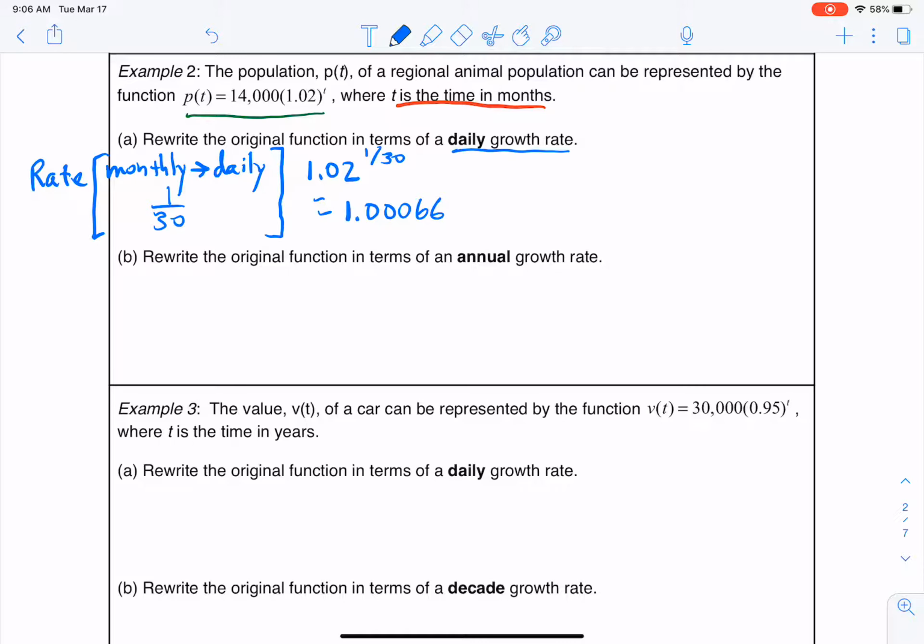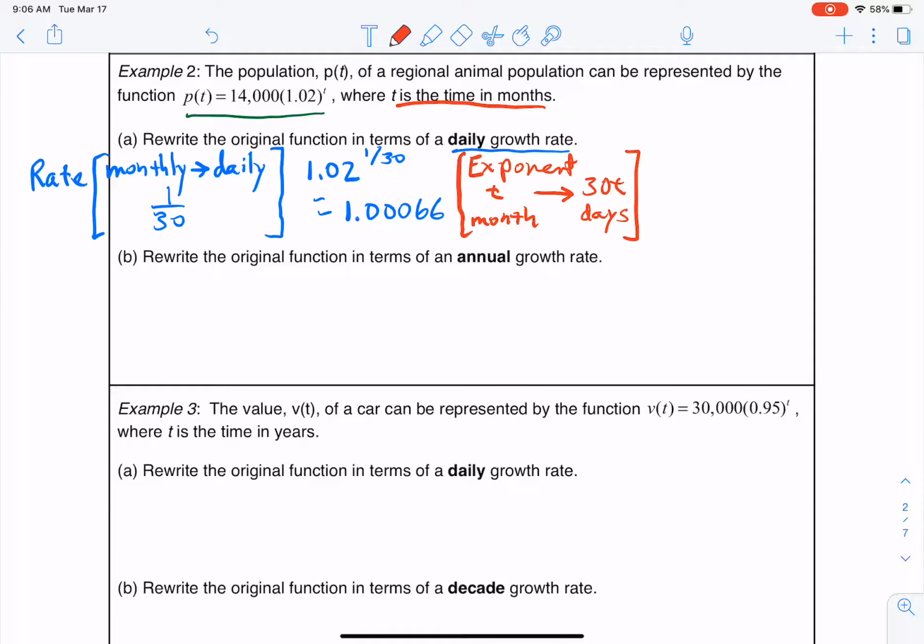All right, so I also need to change here my exponent, because the exponent time units need to match the time units of the rate. All right, so here we're going from where t represents months to where t needs to now represent the days. So I'm just going to multiply 30 by the number of months, t.